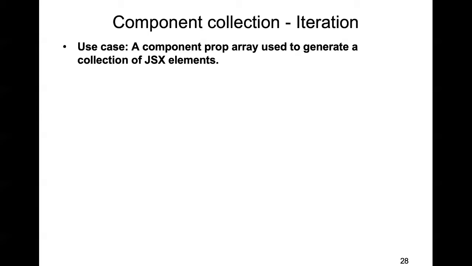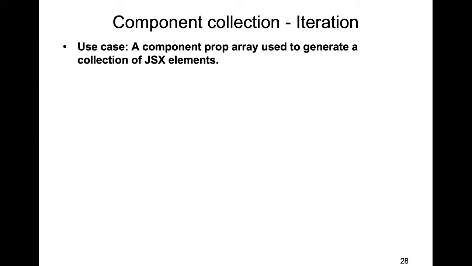And one of the things that the receiving component wants to do is take that array and generate a JSX snippet for each element in the array. So it wants to iterate over the array and produce an output array using map, where the elements of the output array will be JSX snippets. We'll see this being used an awful lot throughout the rest of this module.